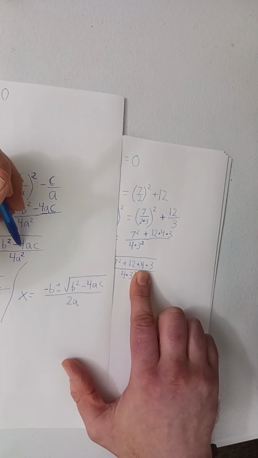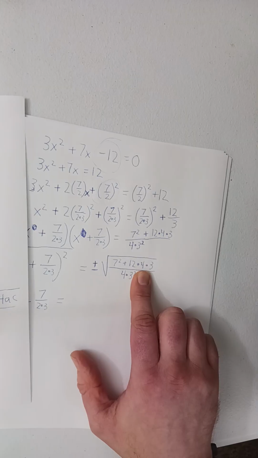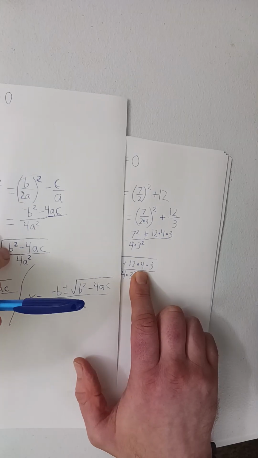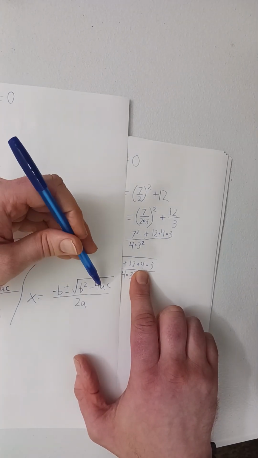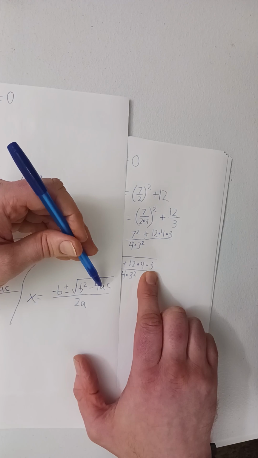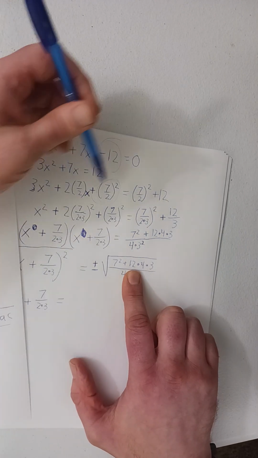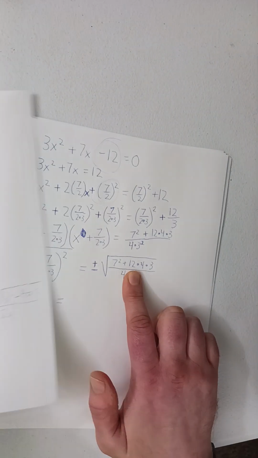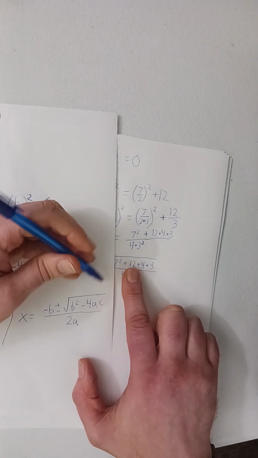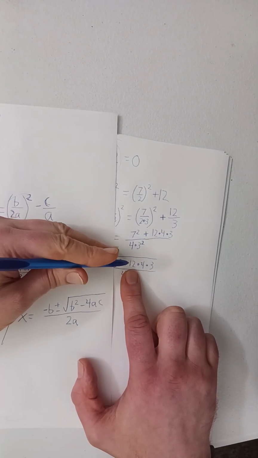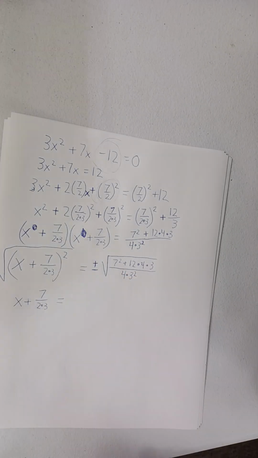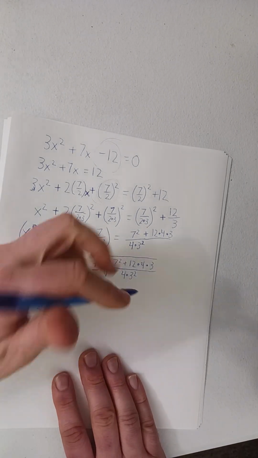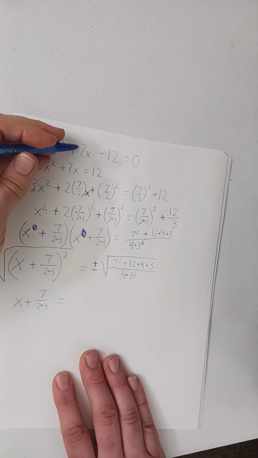All right, let's see, 4, and then A is 3, and C is 12. But remember, it's negative 12. So C is actually negative 12, and you notice that it's a plus here, but actually a plus is really minusing the C, okay? And that 7 squared is the B squared.